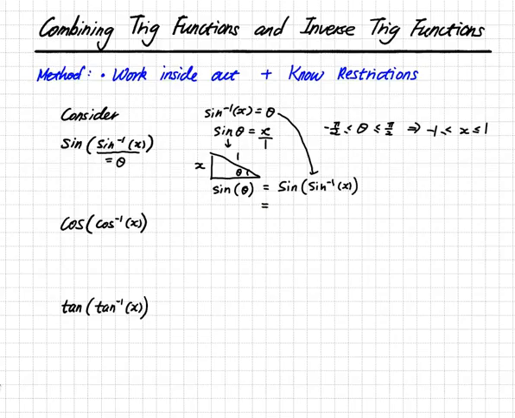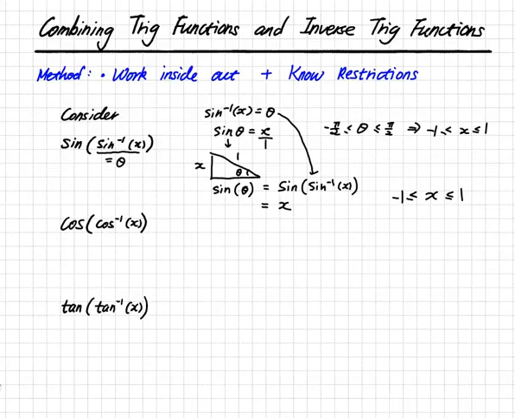And we know that sine theta is just opposite over hypotenuse, so that equals x. So just by doing this, we realize that sine of sine inverse of x equals x. However, the restriction is that x must be between 1 and negative 1.